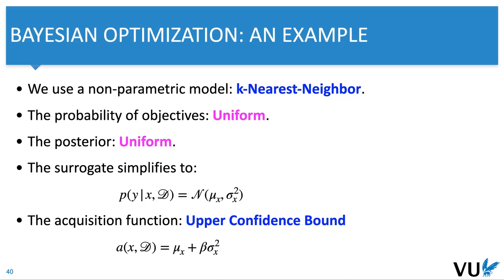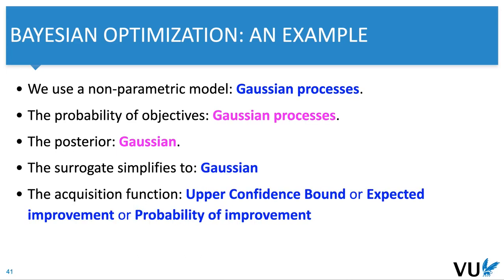Okay, what else can I do? I can take a non-parametric model, a Gaussian process. Okay, and the probability of objective is given by Gaussian processes. This is a more complicated model. We will not go into details. If you are interested, please look for it. It's just a name for now for you, but this is a very powerful model.